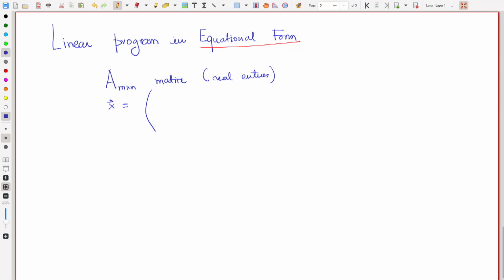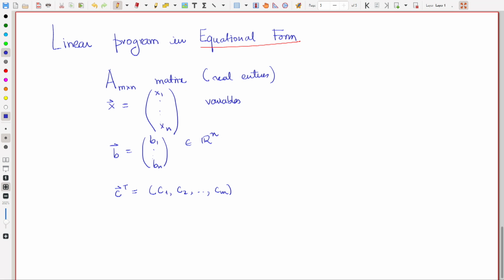The vector x is going to be a vector of variables x 1, x 2, up to x n, and we are going to have a column vector b, b 1, b 2, up to b m, in R m. And we are going to have the coefficients of the objective function, c 1, c 2, up to c n. So this is c transpose; I write it as a row vector, c is a column vector.